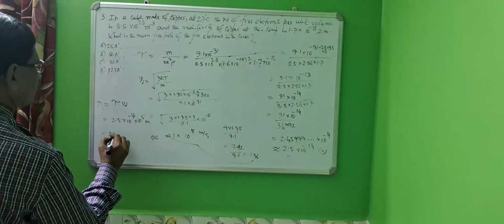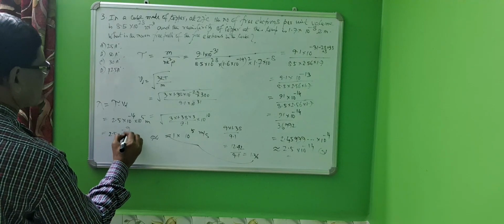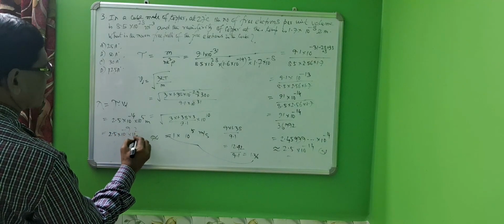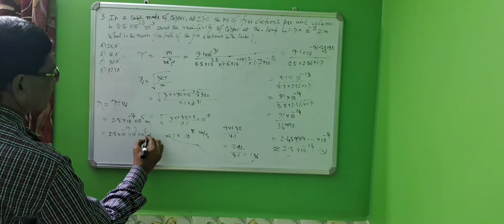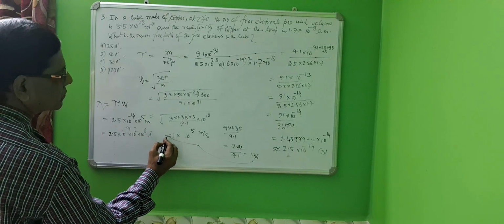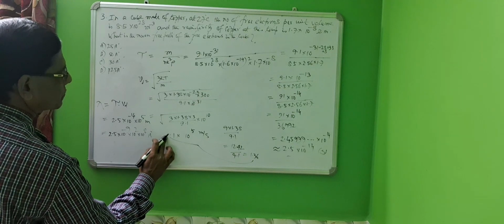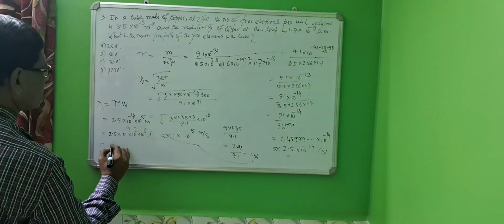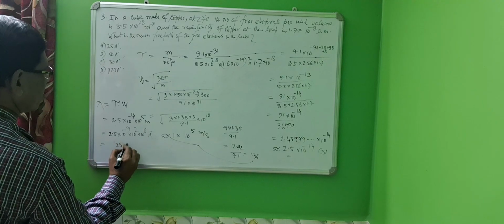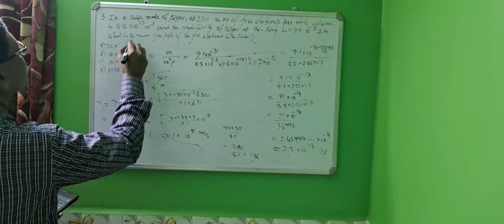So 2.5 into 10 to the power minus 9 into 10 square into 10 to the power 8 angstrom equals 25 angstrom. So the answer is A.